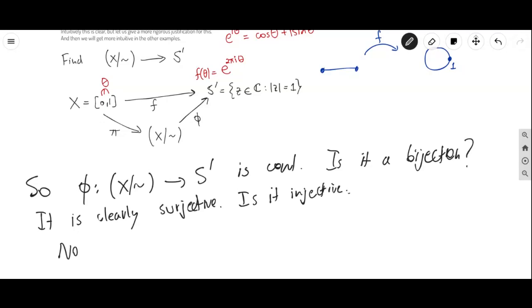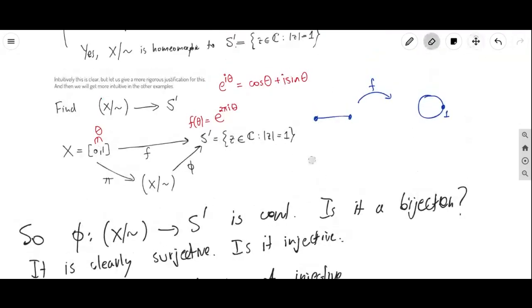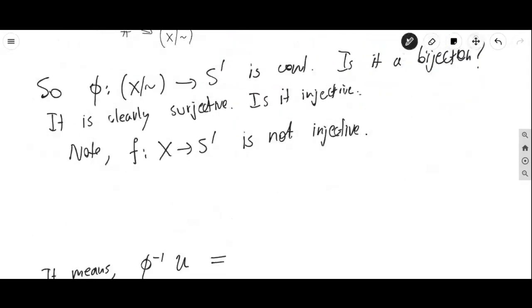Note that the function F from X to S1 is not injective, because the endpoints get mapped to the same point, as you can see. The two endpoints collapse and they get mapped to the same point. However, phi is injective because in phi, these two points are now the same thing. They're put into the same class. F is not injective since F of 0 is equal to F of 1.